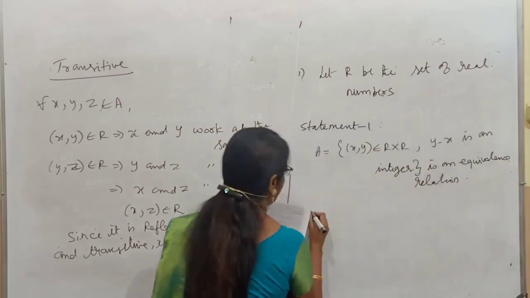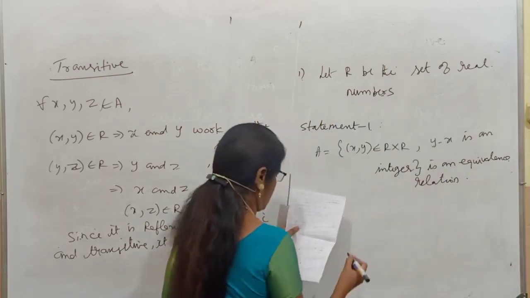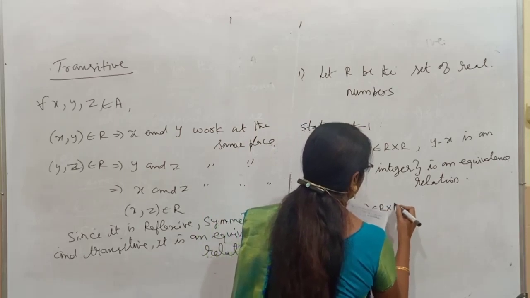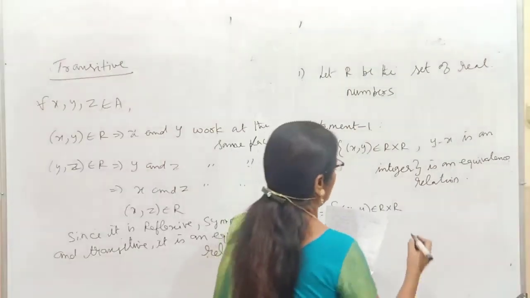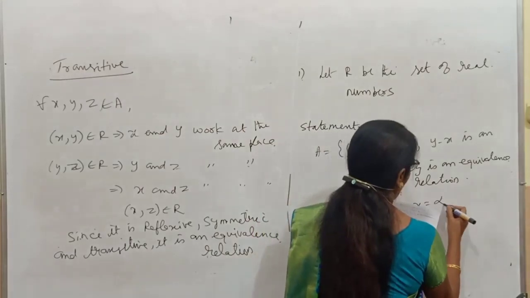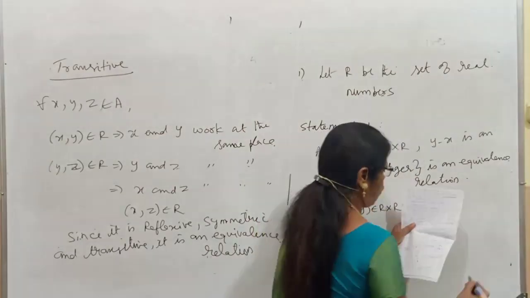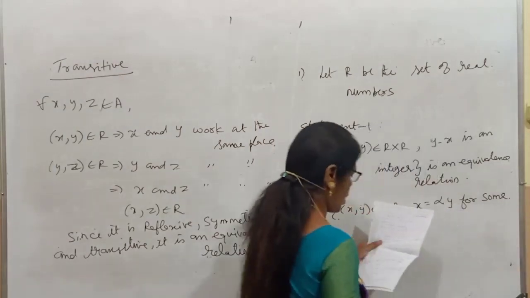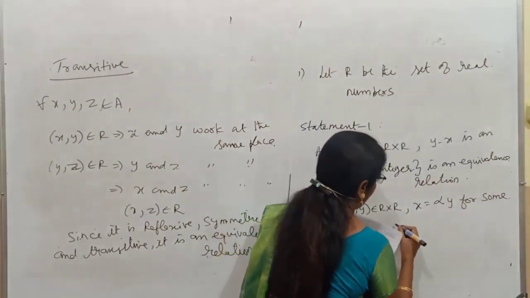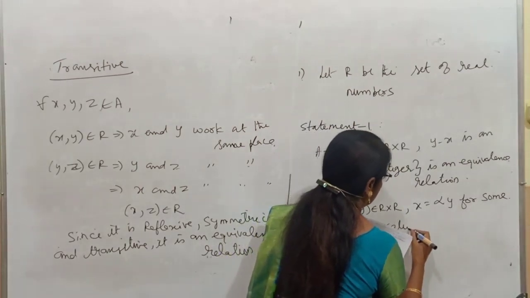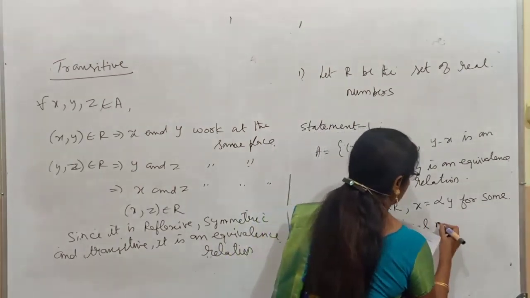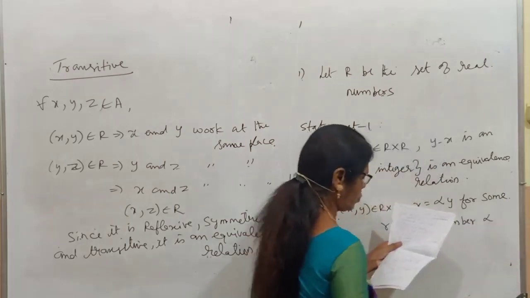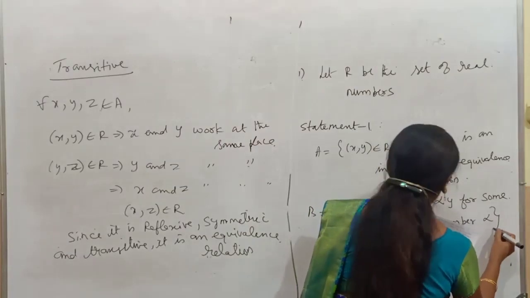Right, now B, we will see that (x, y) belongs to the set R cross R, x equal to alpha y for some rational number alpha, is an equivalence relation.